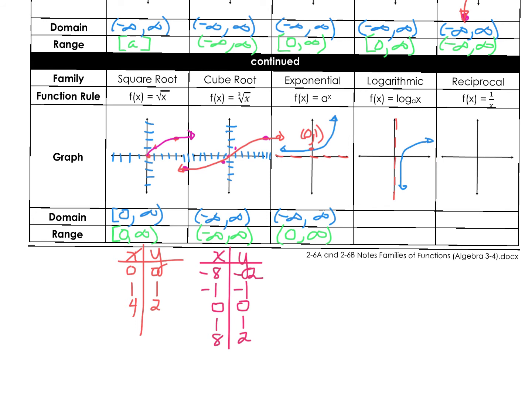So on this one, your domain is going to be open at 0 because it doesn't include 0, but we will go to +infinity. Now the range, you may note that this is going down forever and it's going up and to the right forever. So down and up are range values, so it's -infinity and +infinity.